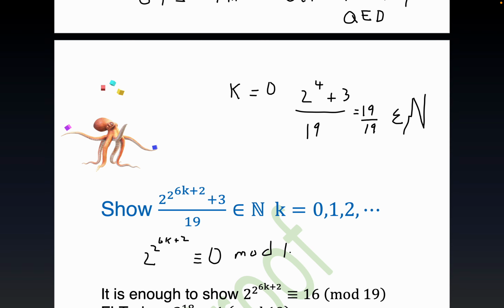This statement is absolutely equivalent to the previous one. It literally means take this, subtract 0, and if it's divisible by 19, that's what we're trying to show.